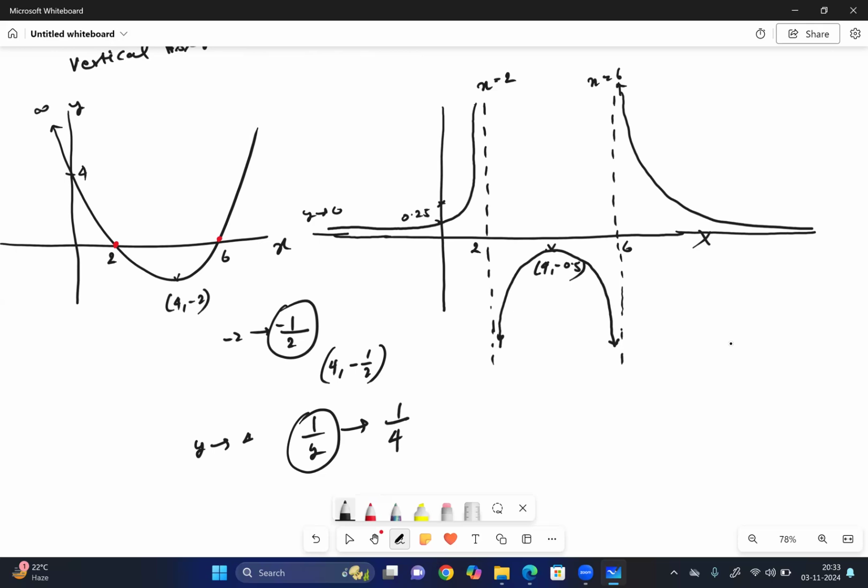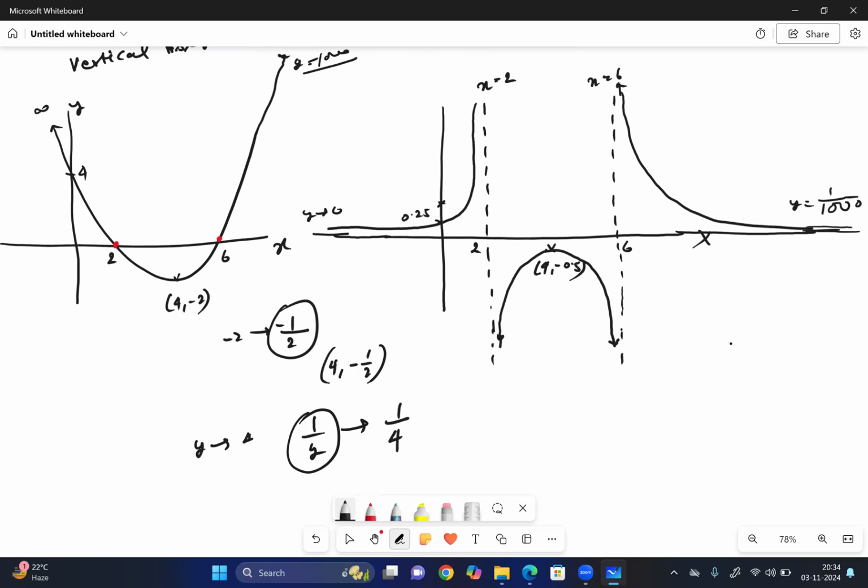Cool. What other thing which you did not understand? On the right graph, sir. Okay. On the right side, you see this is going up forever, right? So let's say for some value of x, y is more than 100 or 1,000. Then this will be 1 upon 1,000, which is 0.001, very close to the x-axis, isn't it?